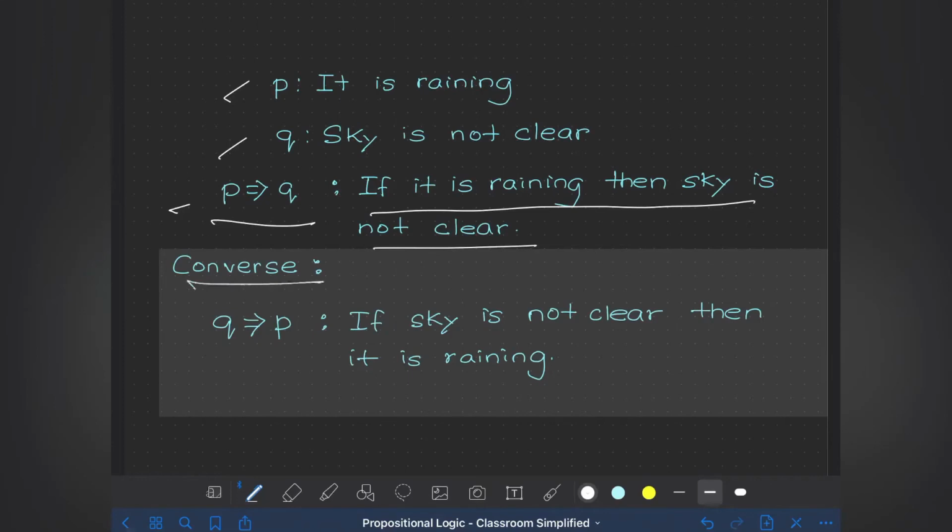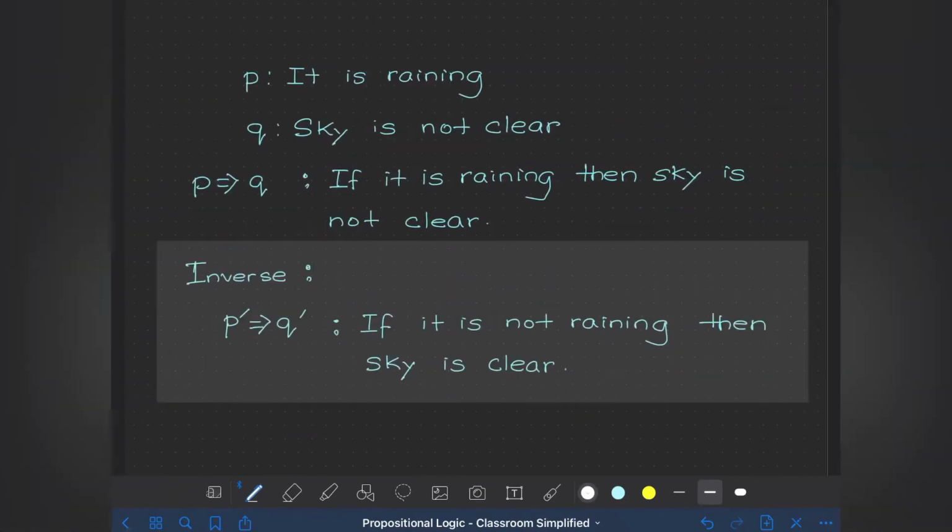The converse of this implication will be Q implies P. The statement will be, if sky is not clear, then it is raining. Basically you are reversing the sides of the antecedent and consequent.